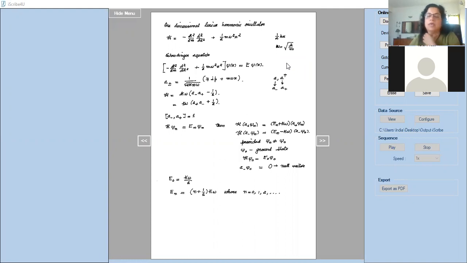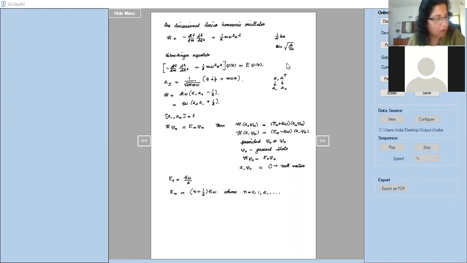So please note here, n does take on the value of 0, which was not the case when you were doing the infinitely deep square well. There the allowed values are 1, 2, 3, and so on. Here the allowed values are 0, 1, 2, 3. Those were counting numbers, natural numbers, as we called them in school, and these are whole numbers.